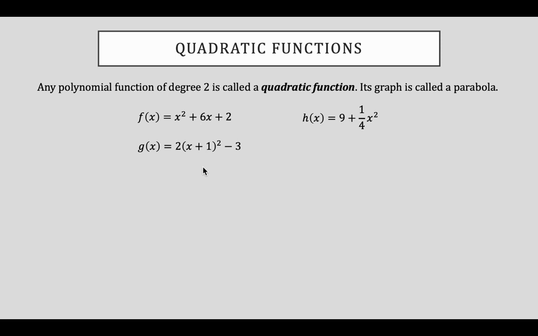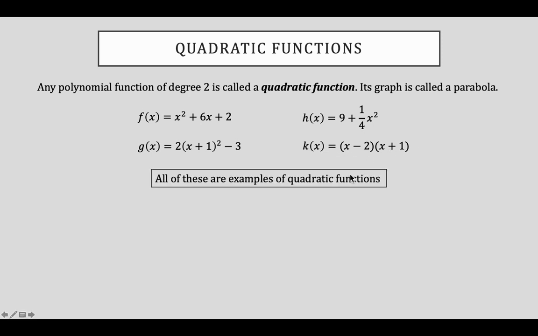Again, another quadratic function. And k of x is equal to x minus 2 times x plus 1. These are all examples of quadratics. Notice if you were to FOIL or use the distributive property to multiply those two binomials together in k of x, you would indeed end up with a polynomial that has a degree of 2, right? x times x would give you x squared.